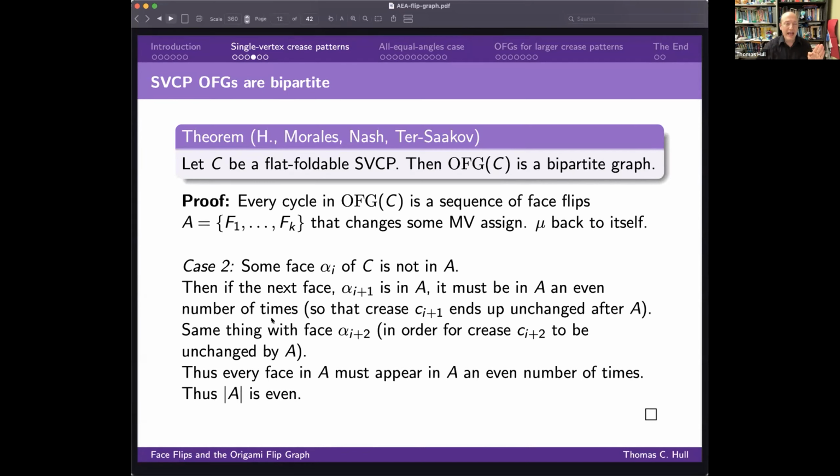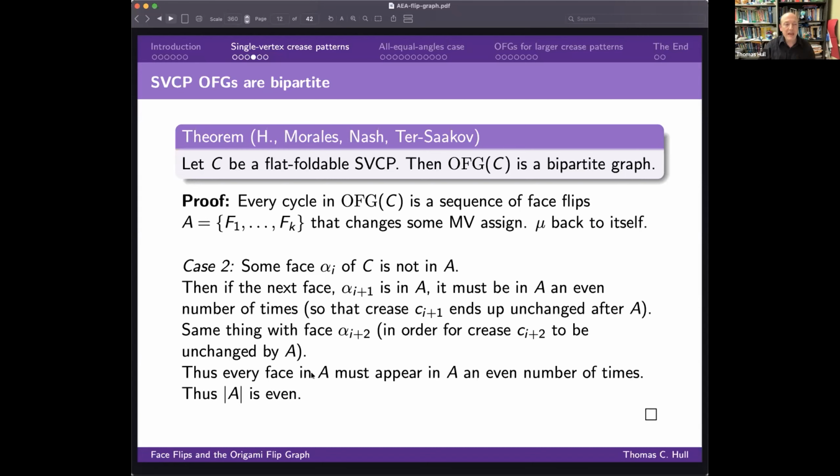And that has to be true so that, again, the crease between these two faces gets changed an even number of times, and therefore comes back to where it starts after doing A. Because remember, this is a cycle in the origami flip graph. So if alpha I is not in A, then the next face must be in A an even number of times, or not at all. And the same thing then must be true with the next face and the next face and the next face.